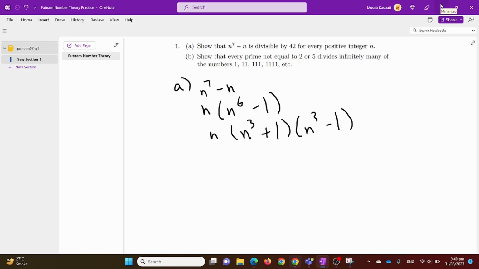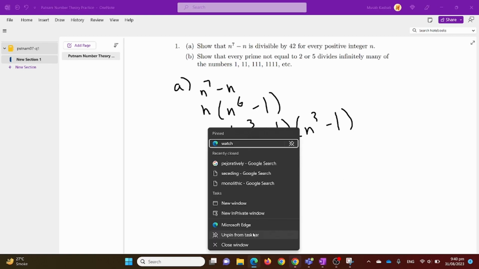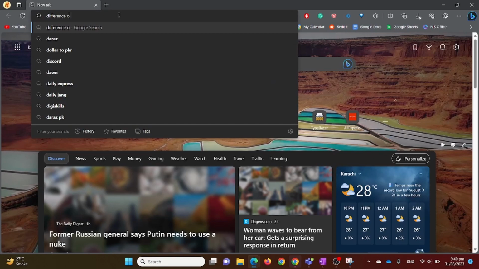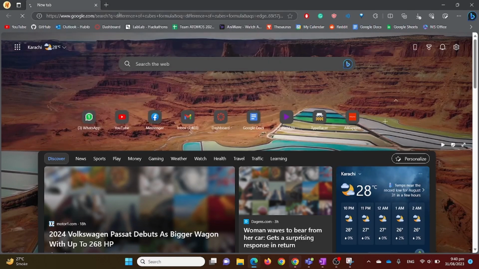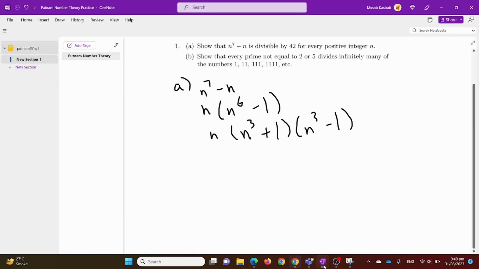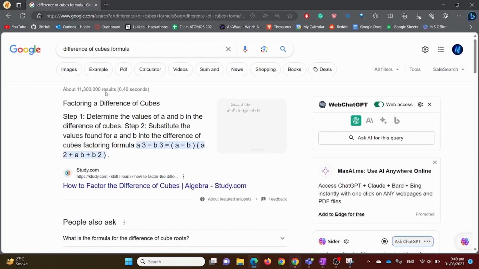It's a difference of cubes because this is clearly n cubed, and 1 is 1 cubed.